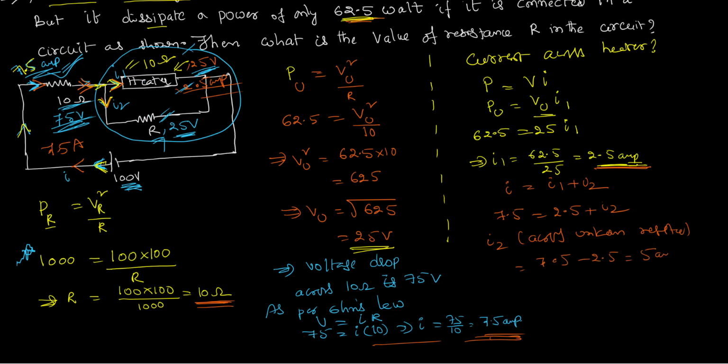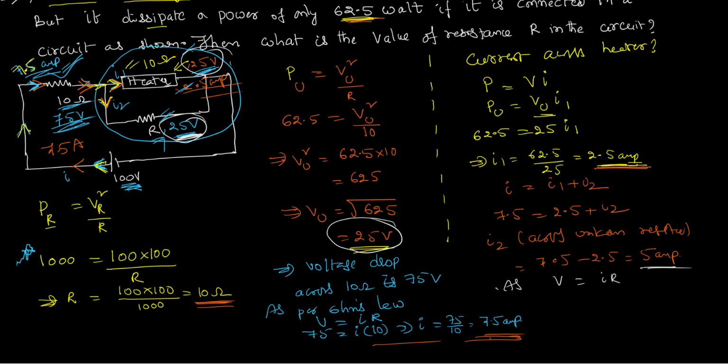So that's almost solved our problem. Now I know the voltage drop across it is 25 volts, because that is in parallel to the heater. Across the heater, the voltage drop is equal to 25 volts, as we have already calculated. Now I know the current across that is 5 amperes. That implies, again I will use Ohm's law: V equal to IR.